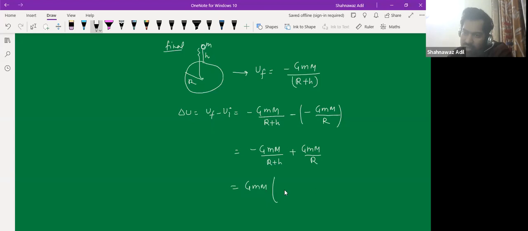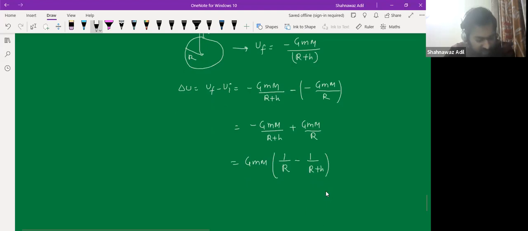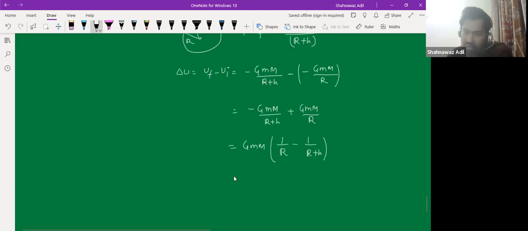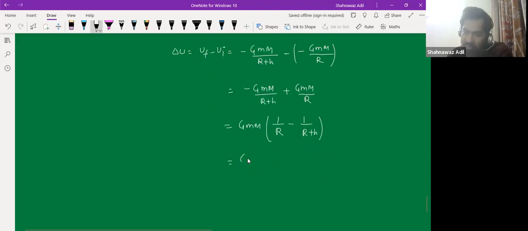Let me write the positive one first. So this is this minus the negative, right? And if we solve this thing, this is r plus h, so r divided, r plus h minus r plus h divided, this is simply r.